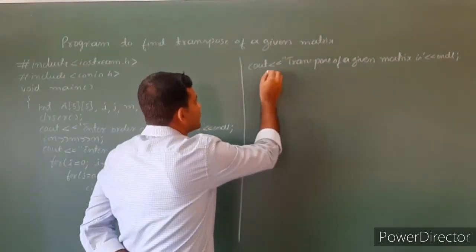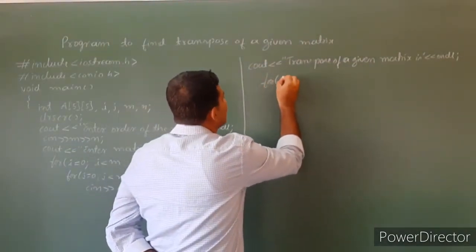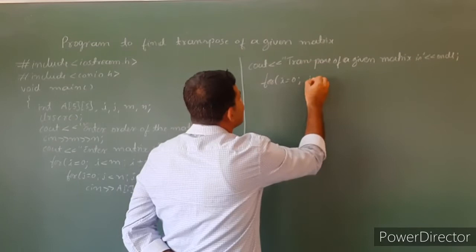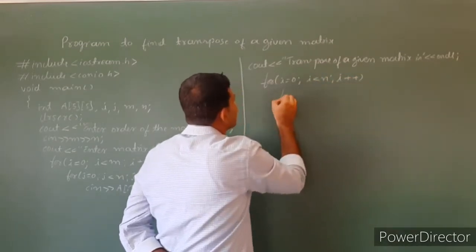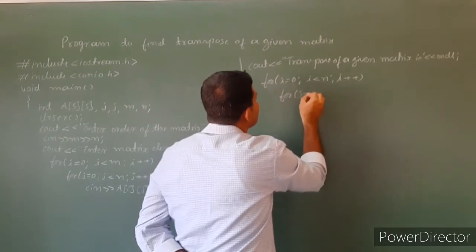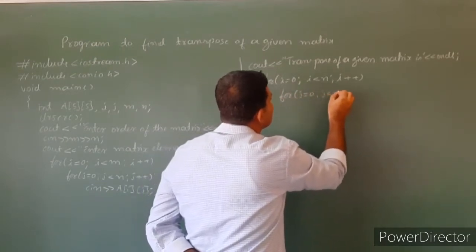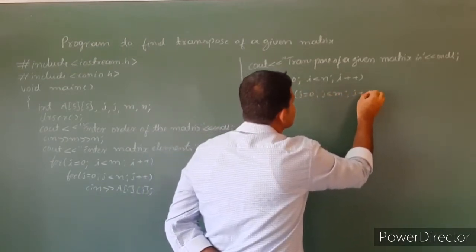Let's write a for loop. i equals 0, i less than n, i plus plus. Under that, for j equals 0, j less than m, j plus plus.